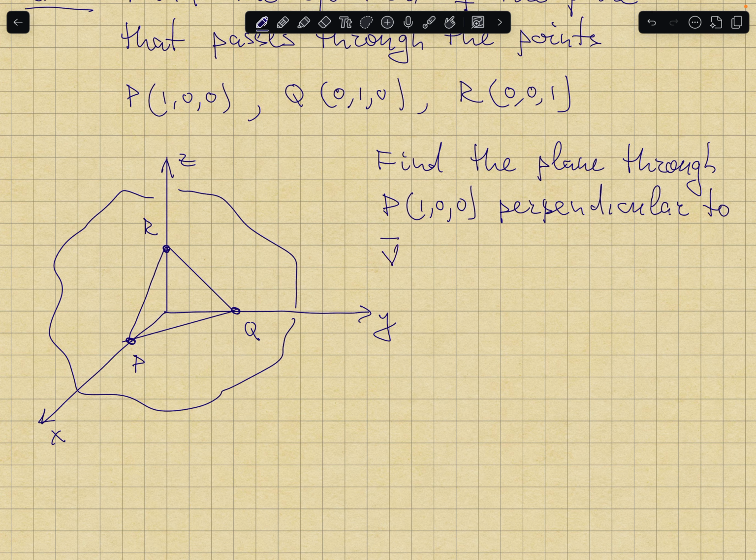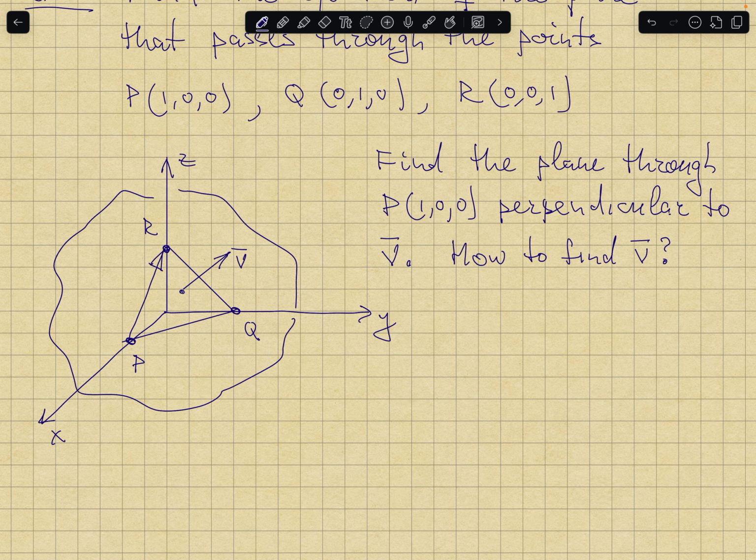So v is a vector perpendicular to my plane, so it can be something like this. And the question is, how do we find v? And we'll use the knowledge that we already gained before.